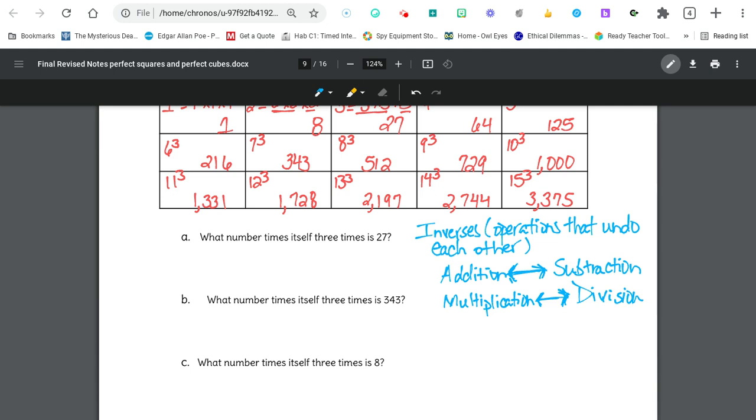And then you learned last week squaring. Squaring is when you multiply a number by itself, like 5 times 5, or 5 squared, keyword squaring, squared. The inverse of squaring is square rooting.